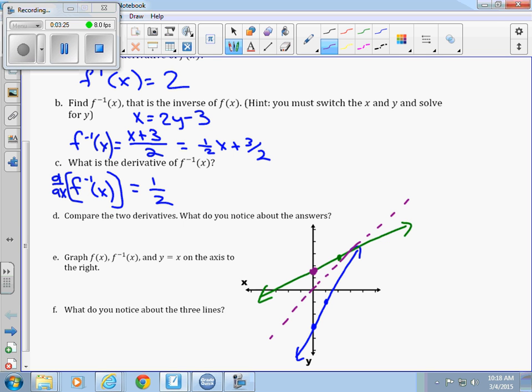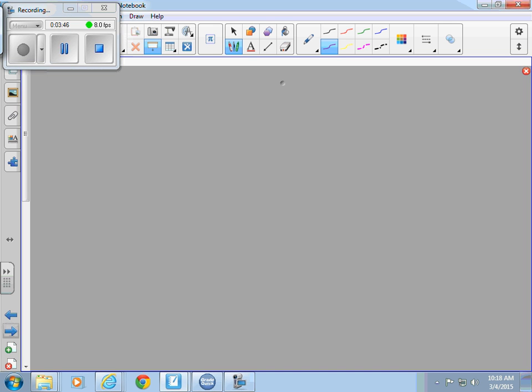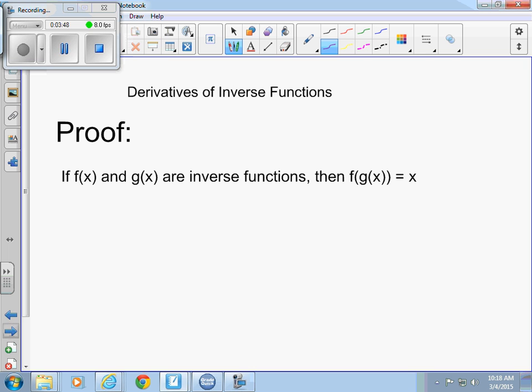That's what you said, right? Why is it (3/2, 0)? You switch the x and y. So if I want to know something about this slope, it's the reciprocal of the slope at that point. Would you agree? Because it seems that they are reciprocal. So that's what we're learning today. We'll do that tomorrow. So, derivatives of inverse functions.